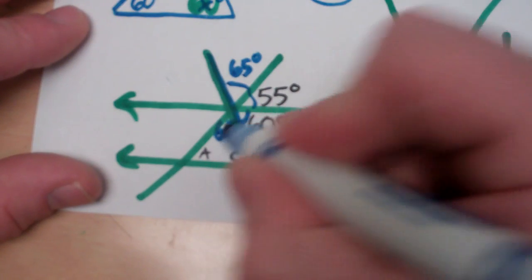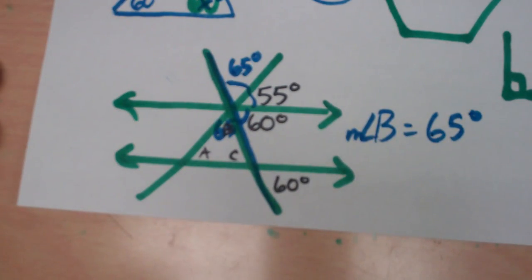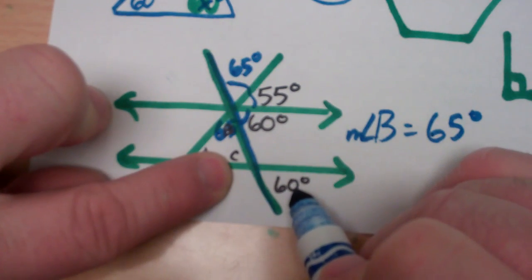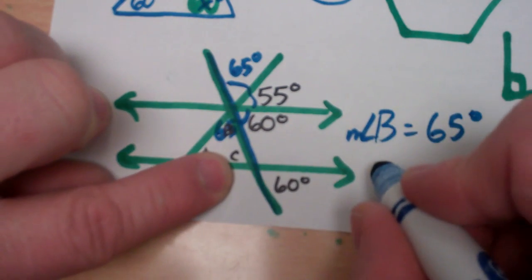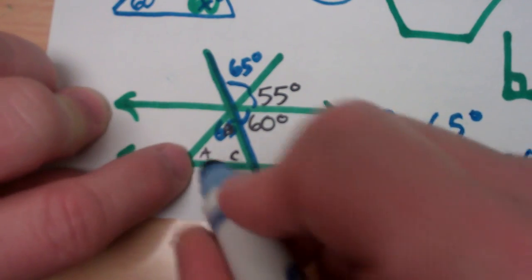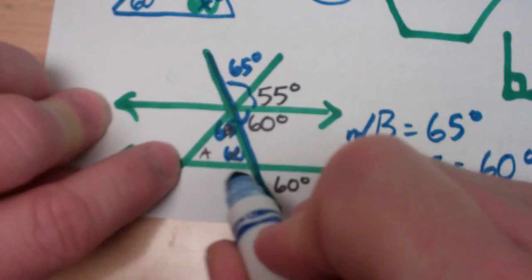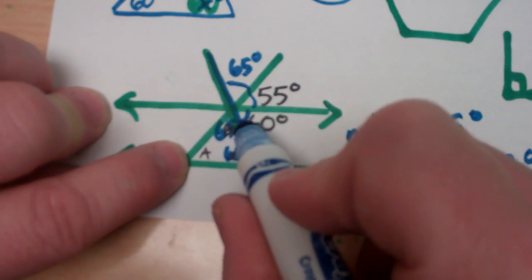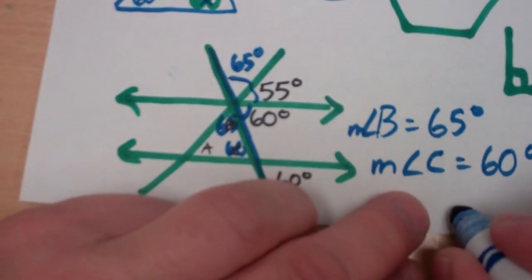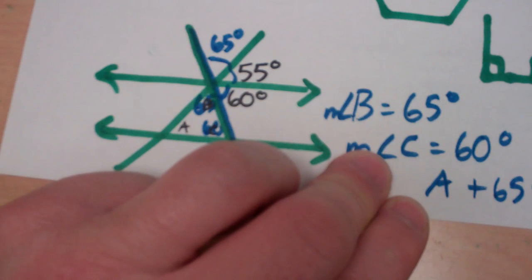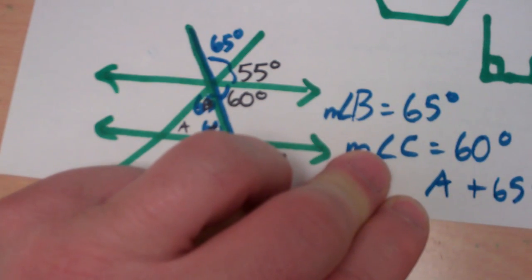All right, well, that's good to know. Helps me a little bit, right? But I want A and C. Down here I see that C is 60 because these are vertical angles, so the measure of angle C is 60 degrees. And then if I know two of the three, can't I find out A? Let me write that down. A plus 65 plus 60 is a triangle, so it has to equal 180.